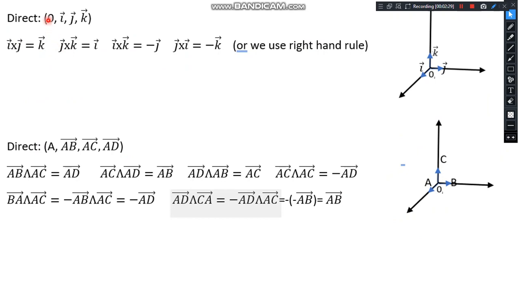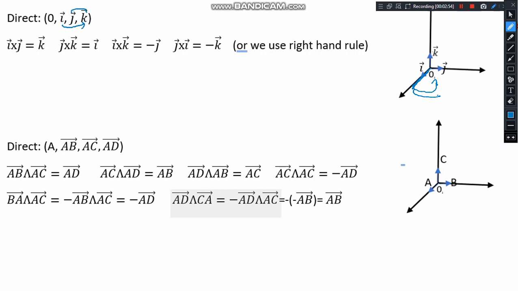Now we have three-dimensional i, j, k instead of using the hand rule. So if you have i cross j, instead of putting your hand here on i, you can put your hand here on i, and you close it here. You can see that j is towards the closing hand, so it's k. Instead of doing the hand rule, if you have i j directly, i j, you get k.